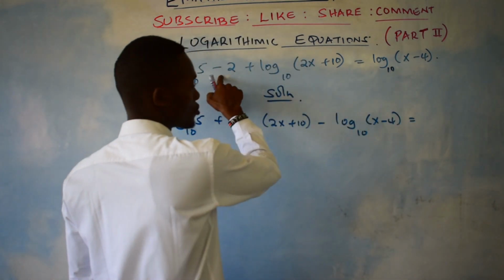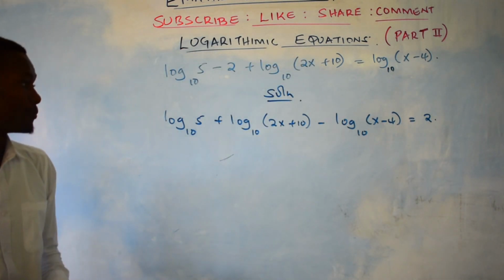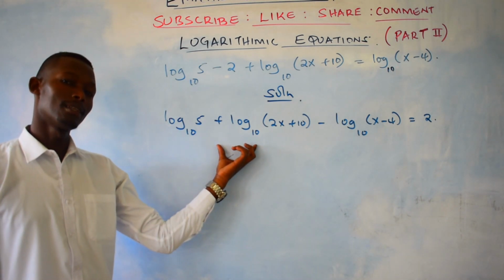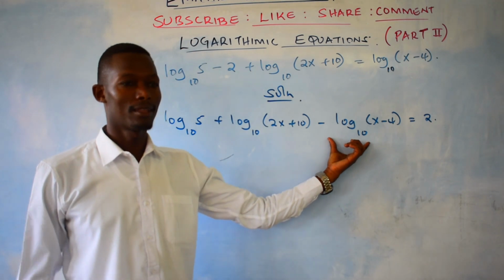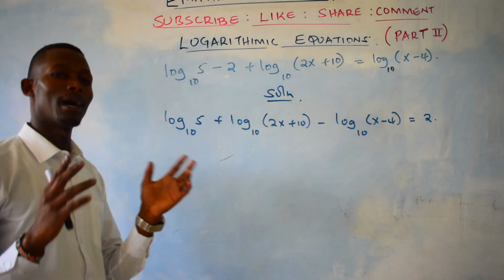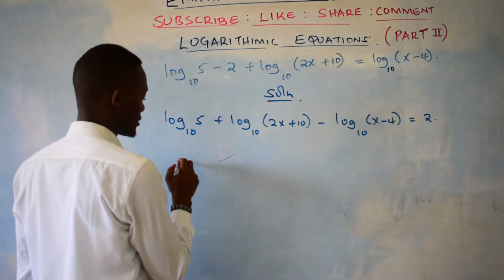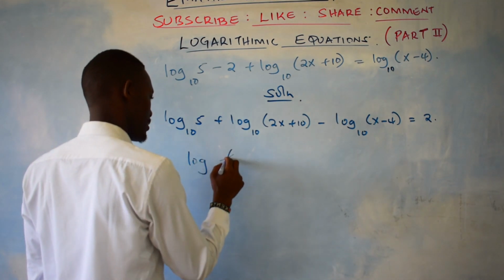Then this one is minus 2, goes to the other side, becomes what? Positive 2. Now the laws of logarithms say if you have two numbers added, then they were multiplied. If you have a number divided, then it was subtracted. So you can write all these and put them under one log, that is log to the base of 10.